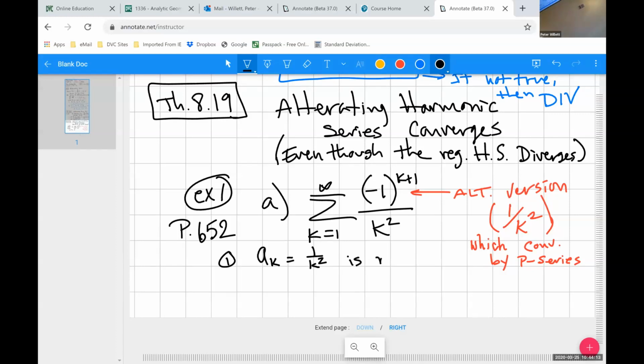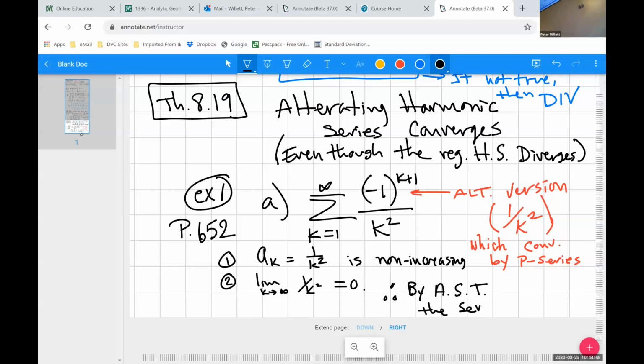And that's non-increasing, because as k gets bigger, the value of the fraction only gets smaller. And 2, the limit as k goes to infinity of 1 over k squared equals 0. Therefore, by the alternating series test, the series converges.